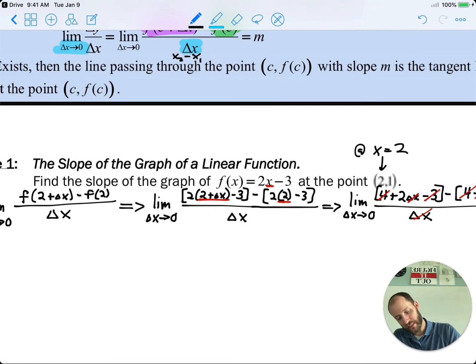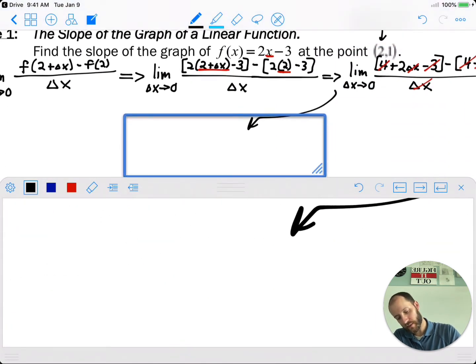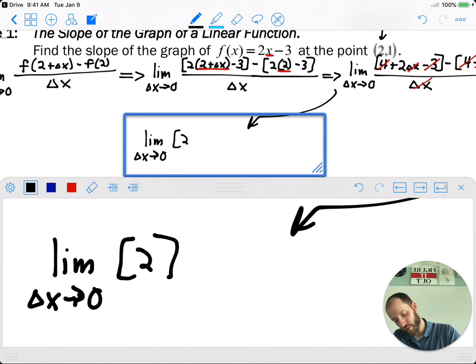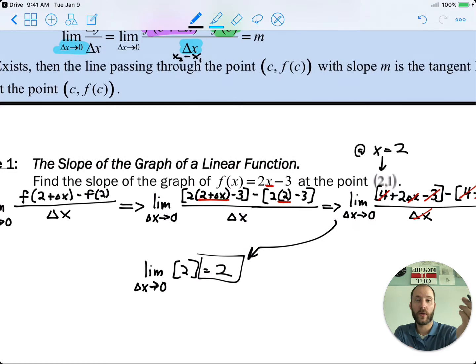So bringing this down, we have the limit as delta x approaches 0 of 2, which quite naturally is 2. Hey, we got the answer we should have gotten. Pretty cool, okay?